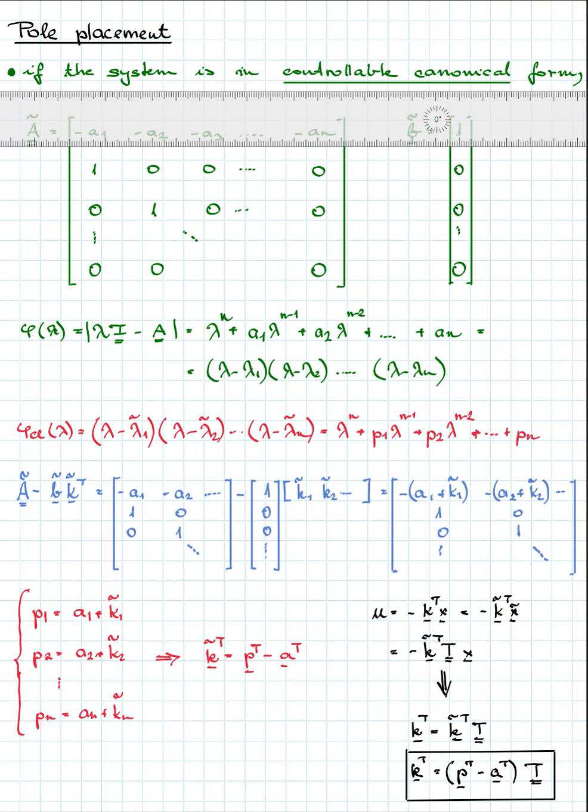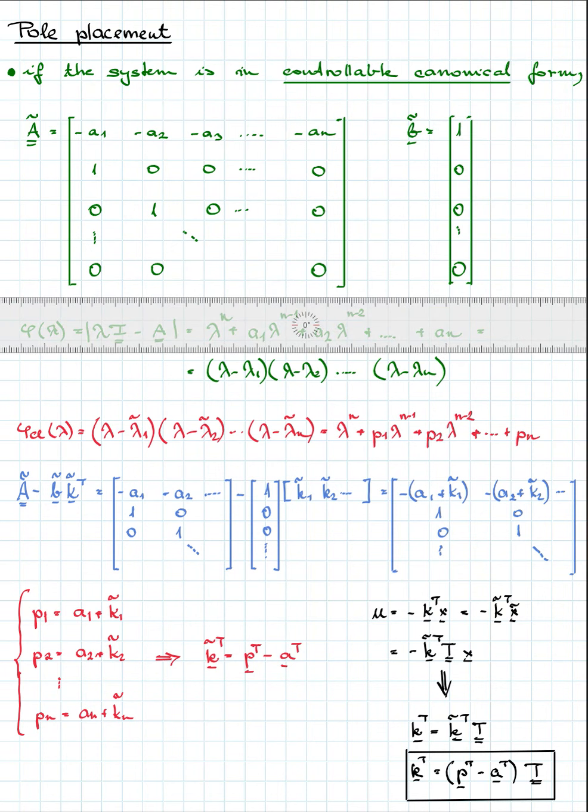It's a very good chance if our system is in the controllable canonical form, but usually it's not, because usually we have got a system with A and B. There are some transformations, and I'm going to speak about this transformation at the end of this video, with which we can get the controllable canonical form A tilde and B tilde.